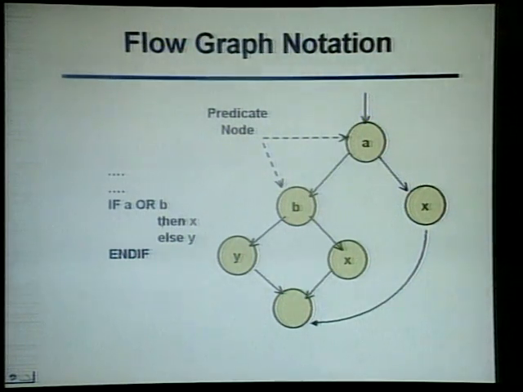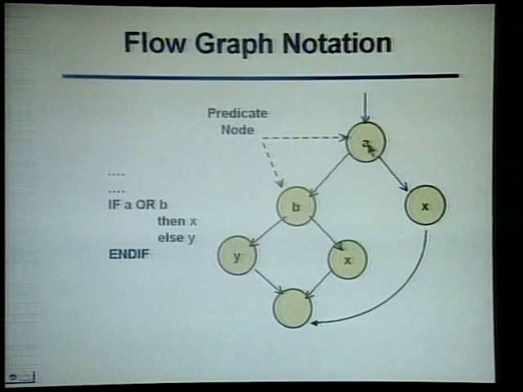So here we have two conditions, A and B, and on our flow graph, they have to be separated and shown in different nodes. Here you can see first we start with condition A. We check the condition A, the first condition. Now this condition A can be true or it can be false.